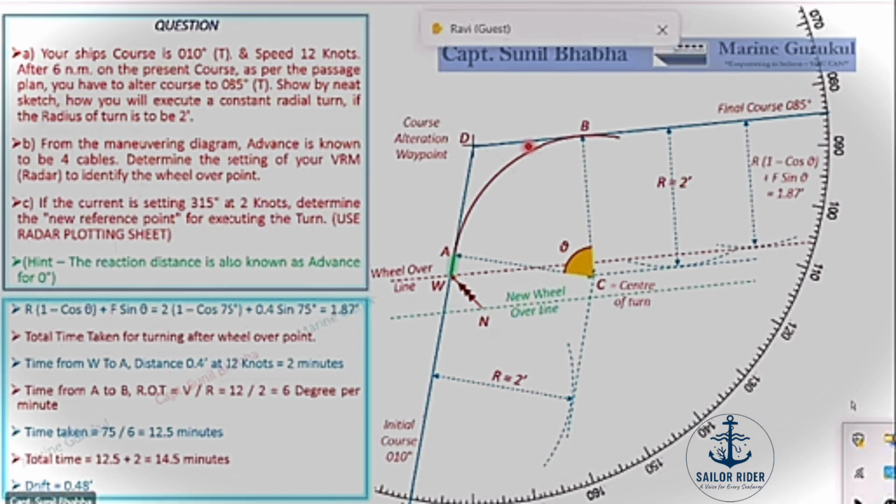Excuse me, sir. Bolo beta. Sir, the first what we have made 010 is step course and final course is 085. So we will show whatever the value is coming. First part will be completed. Then we can plot another one like this by calculating the course made good separate for initial course and for final course.